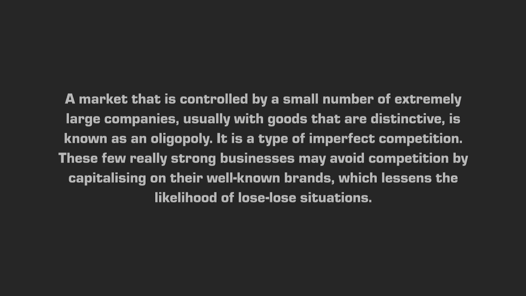Now let us discuss the oligopolies. A market that is controlled by a small number of extremely large companies, usually with goods that are distinctive, is known as an oligopoly. It is a type of imperfect competition. These few really strong businesses may avoid competition by capitalizing on their well-known brands, which lessens the likelihood of lose-lose situations.